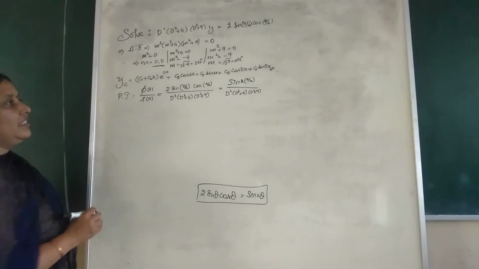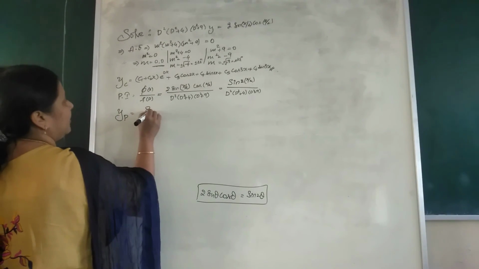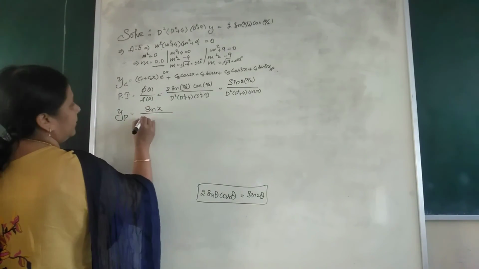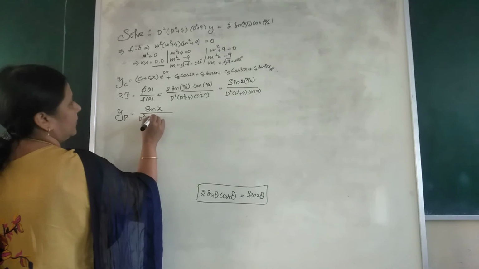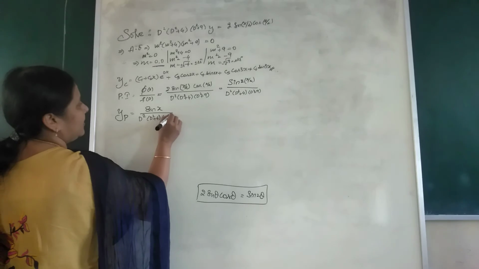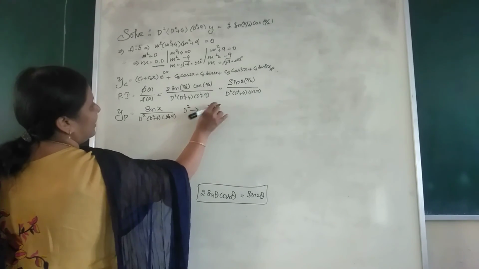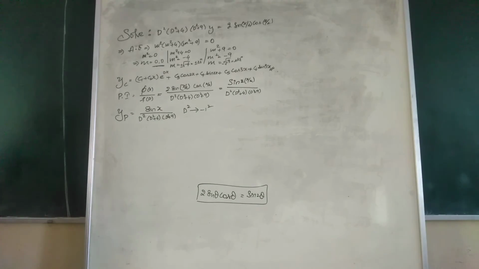Now this is our yp, which is going to come under which type? Type 2, where the coefficient of x in the trigonometric form is 1. So we have to replace D square by minus a square, that is minus 1.